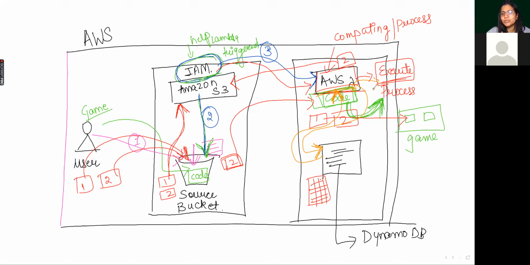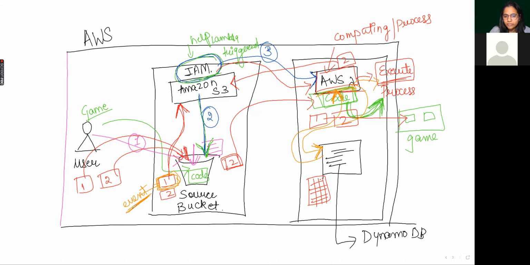So either you use S3 bucket, or DynamoDB, or any of the Amazon services. I'll tell you which Amazon services Lambda can use. You can easily create events. This is one event for it to execute this first code. I was talking about the event in the last class.